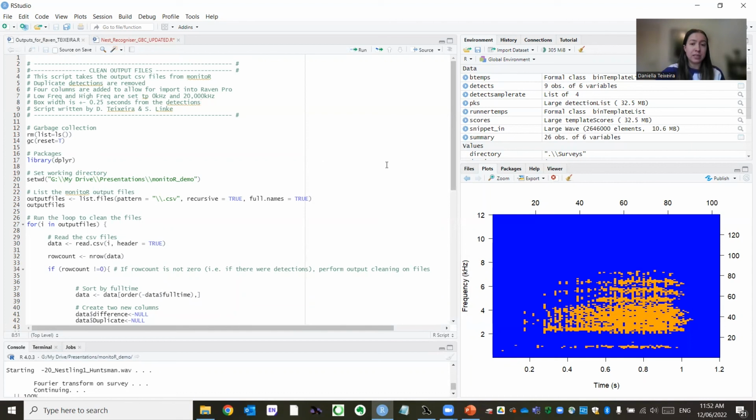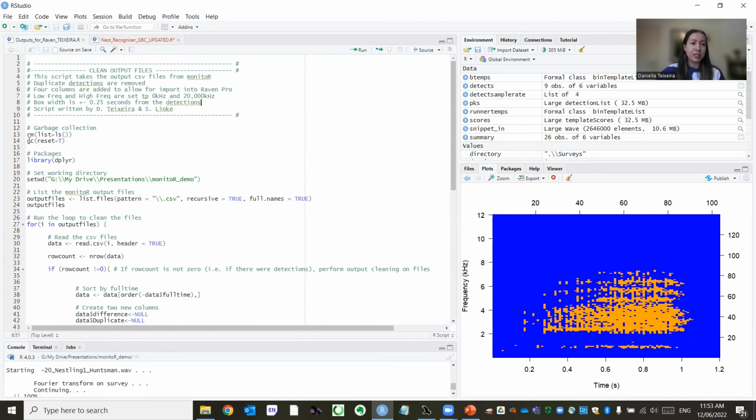I think it's great, and the verification process is pretty quick in Raven Pro, particularly 1.6. The new features are really great. So you can, if you want to, stay in R and verify everything using Monitor. You can go through all of your detections and do your yes, no, like what is actually the true positive or false positive. But I prefer to bring everything into Raven.